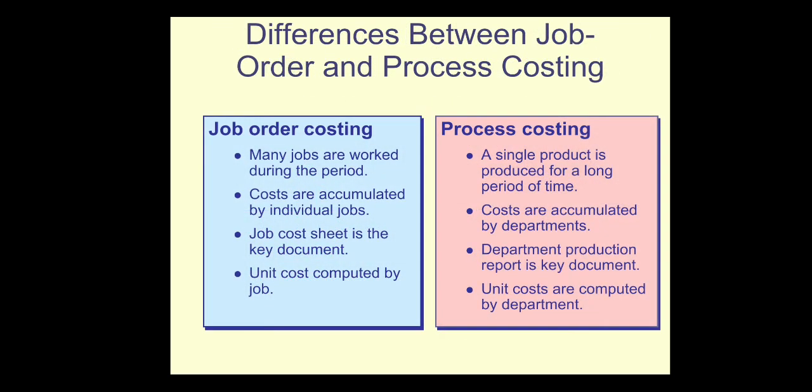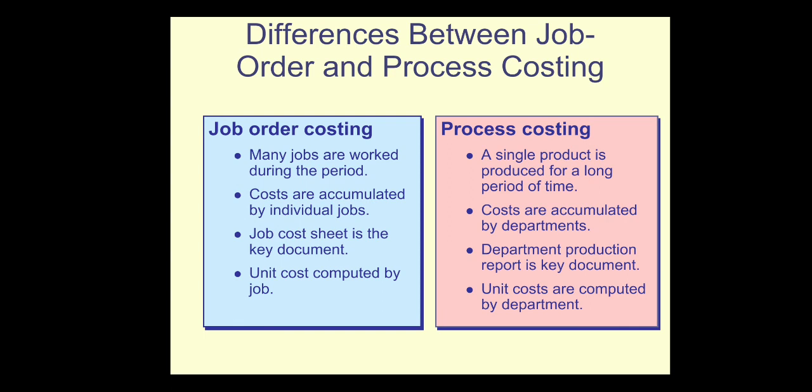Okay, these are the differences between job order costing and process costing. See the job order costing. The first point is that for a business that uses job order costing, there are many unique jobs worked during one accounting period.